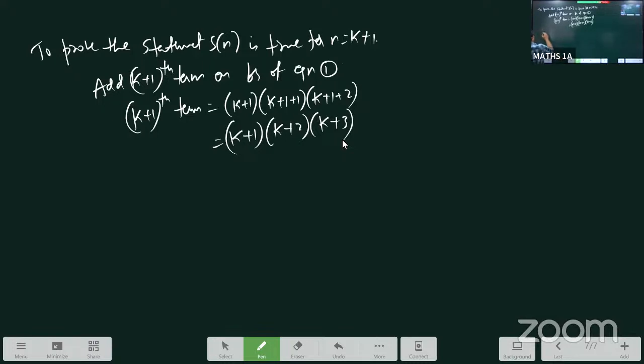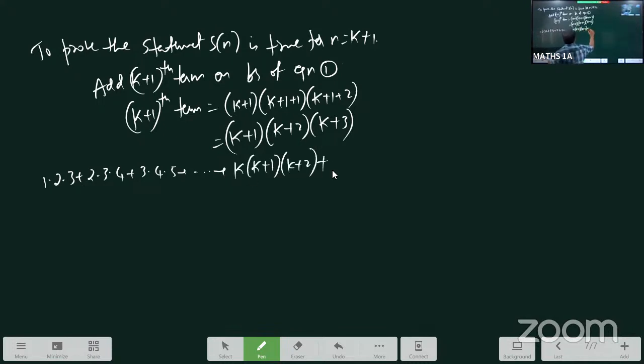Now, we are going to add to equation 1. What was that equation 1? N equal to k assumed statement. That is 1 into 2 into 3, 2 into 3 into 4, 3 into 4 into 5, plus so on, plus k into k plus 1, k plus 2, plus k plus 1, k plus 2, k plus 3. This we added.